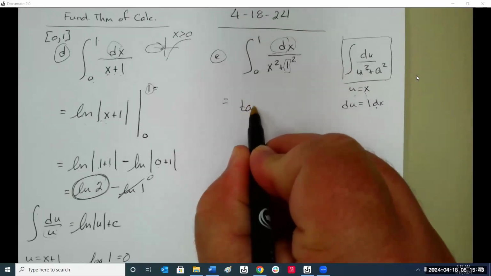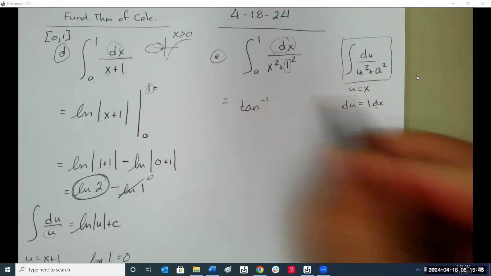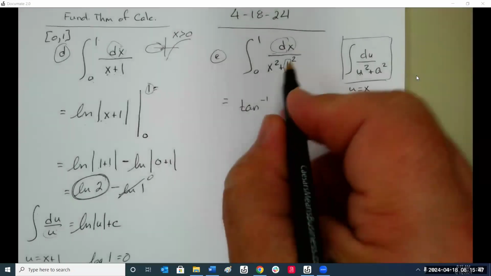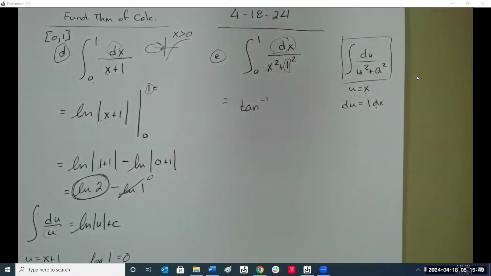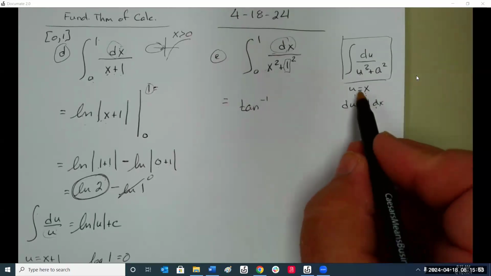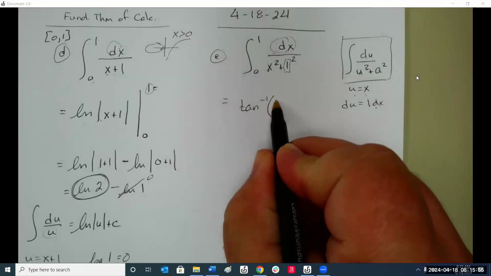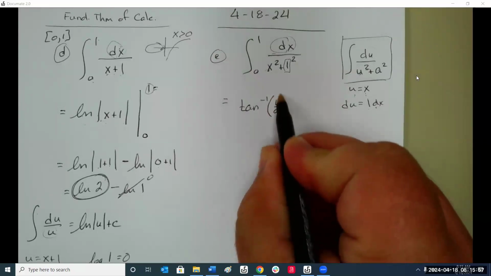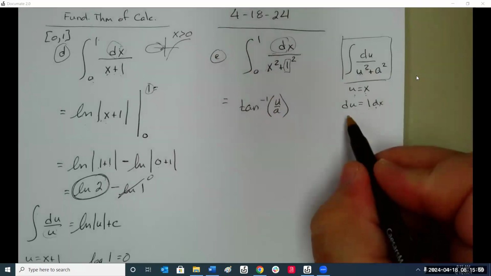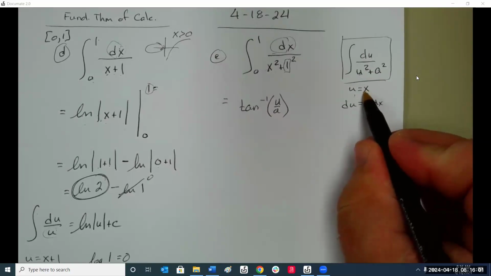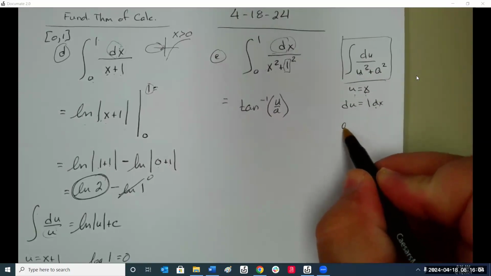That's going to be the inverse tangent, I bet. The inverse tangent of what? Of u over a. So what is u? It's x. What is a? 1.